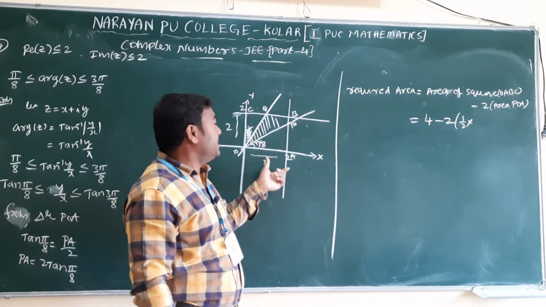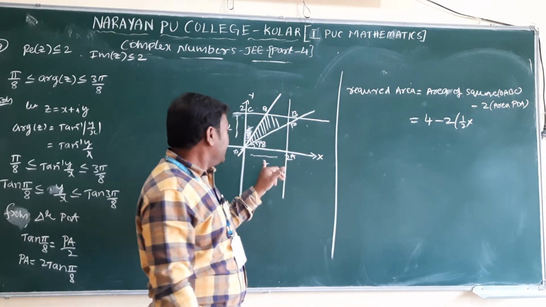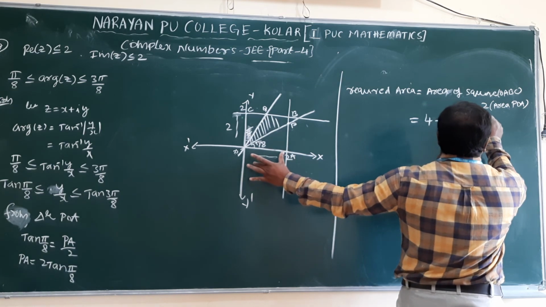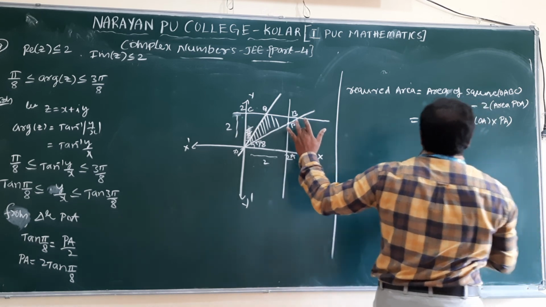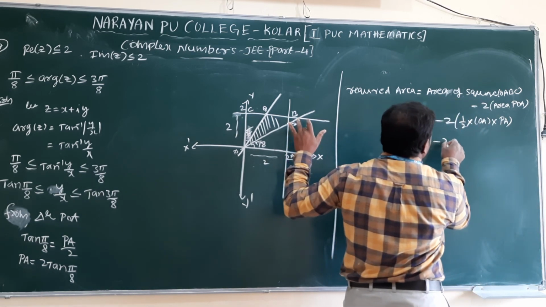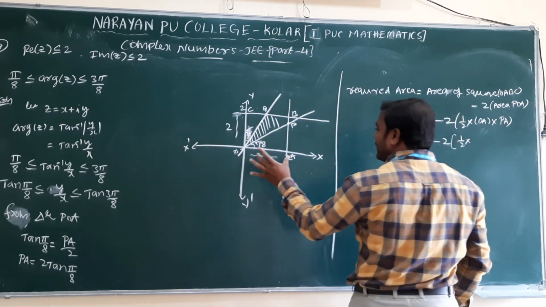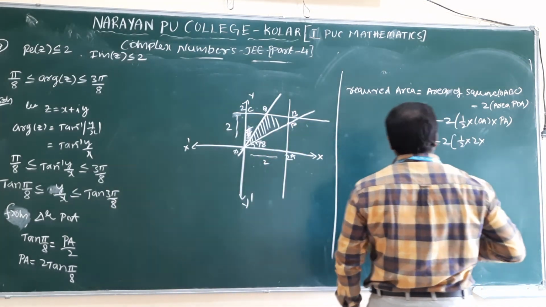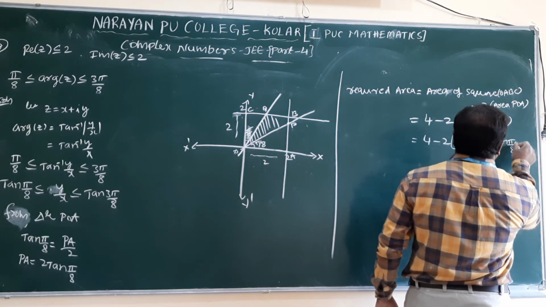The area of POA is half into base into height. Here half into base OA, height PA. So 4 minus 2 into 1 by 2 into OA, so OA value 2, into PA. And we know that PA is 2 tan of pi by 8.